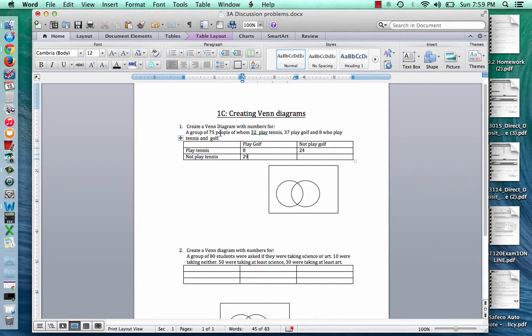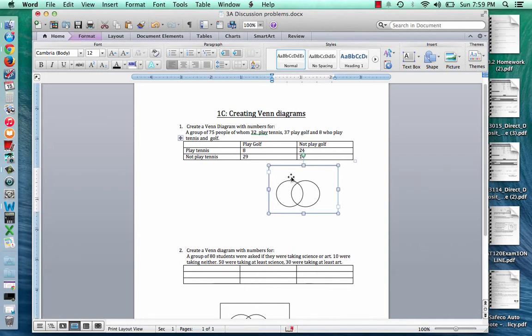There's a total of 75 people, so the four numbers must add up to 75. We have 8 plus 24 plus 29, which is 61. So 75 minus 61 is 14, who play neither tennis nor golf.